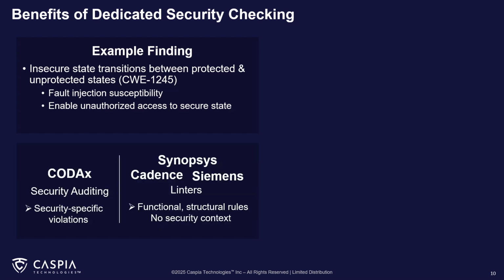Now, we do see other static verification tools in the market, such as linters, but these have a focus on functional and structural bugs. The security checks that CODAx provides are meant to complement these with security. These other tools either don't have security-related checks, or they have certain similar checks but without security explanations.